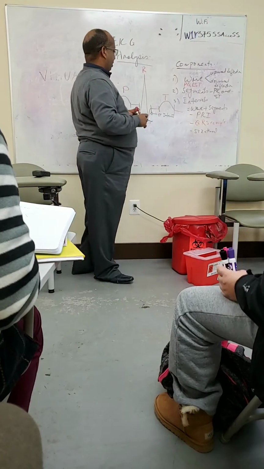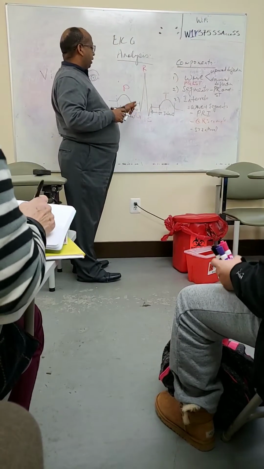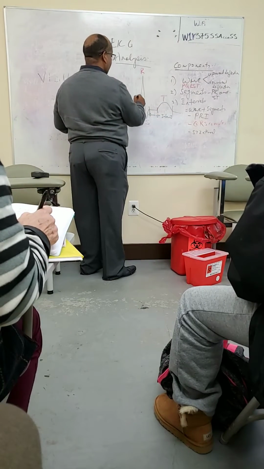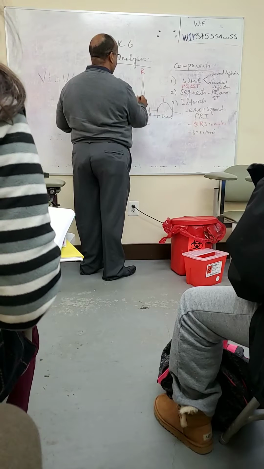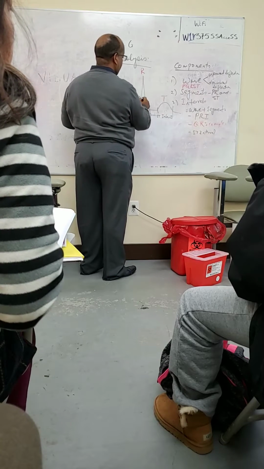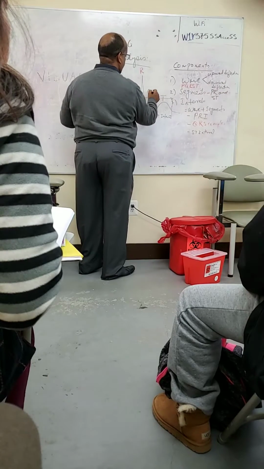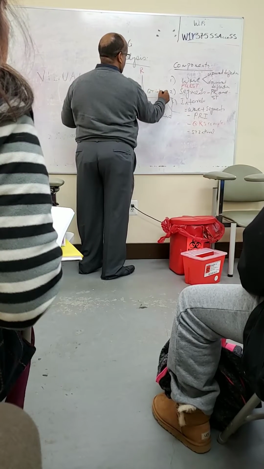The other one is what we call the QT interval. Can you see here? This is the longest interval we have. From the beginning of Q to the end of T, can you see? So this is the QT interval.